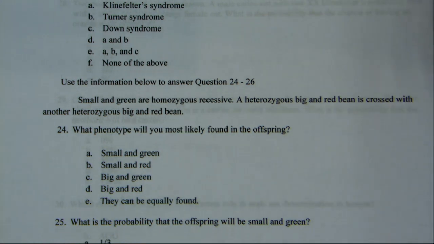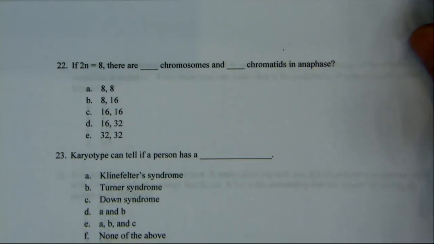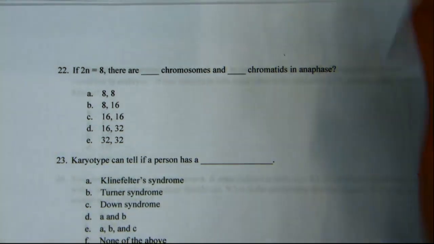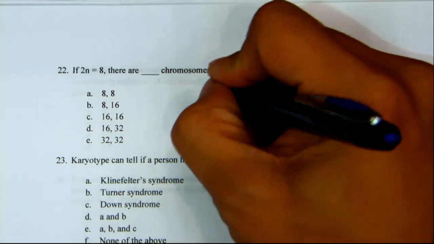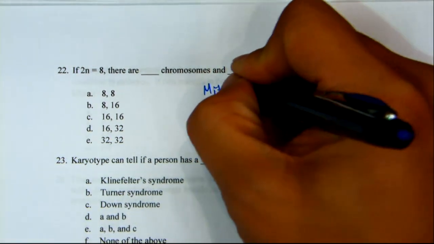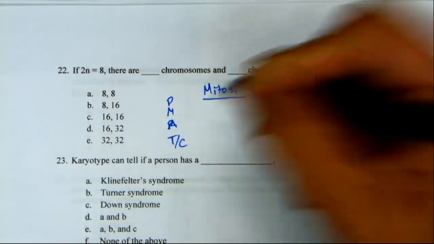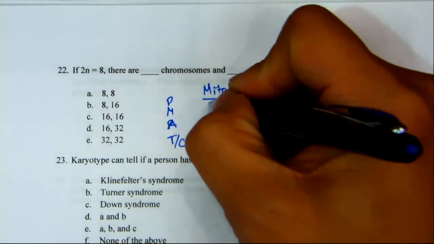Okay. All right. So if 2n is equal to 8, there are blank chromosomes and blank chromatids. So this is mitosis, right? So we have prophase, metaphase, anaphase, and we start with 2n equal to 8.